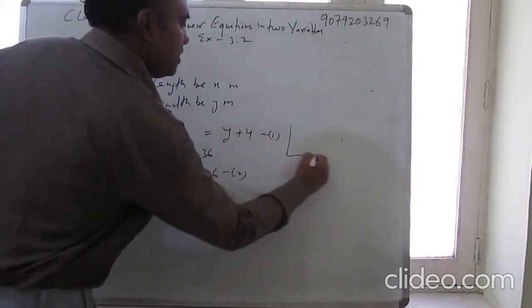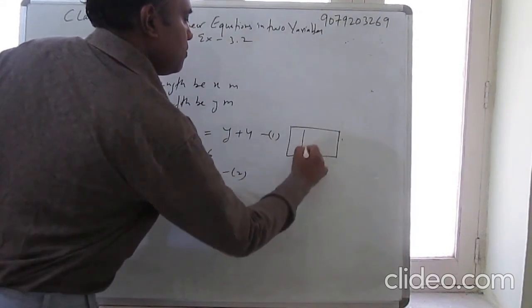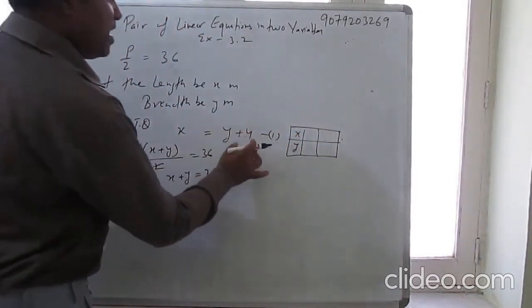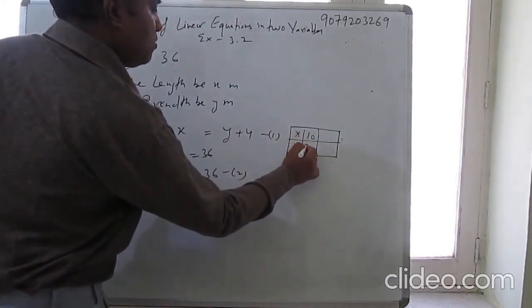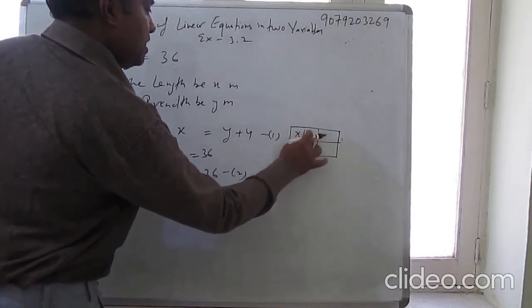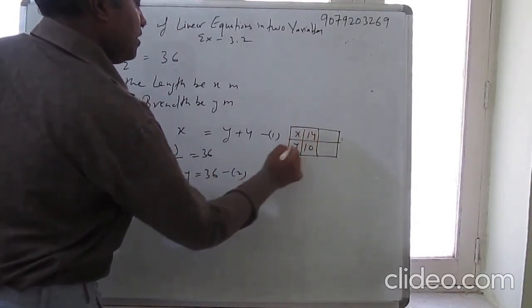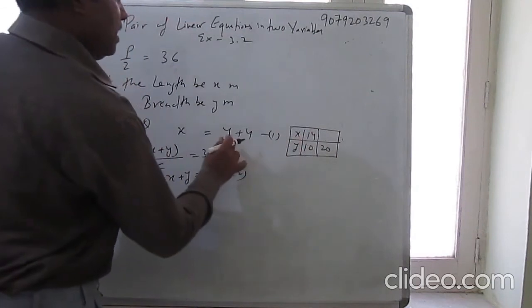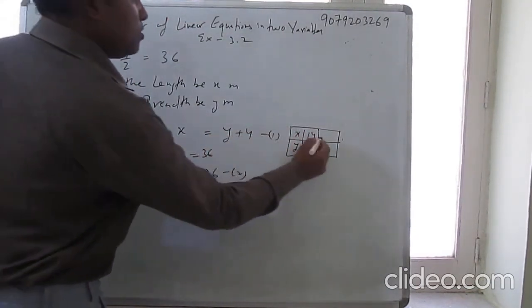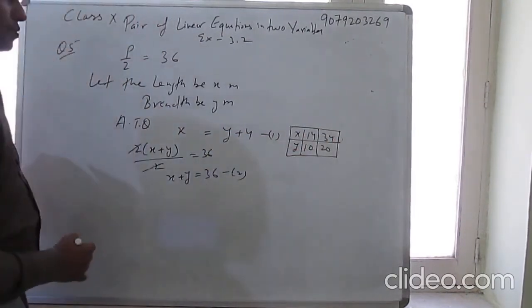So what are the points for equation 1? X and y. If I take y is equal to 10, x is equal to 14. If I take y is equal to 20, x is equal to 34.